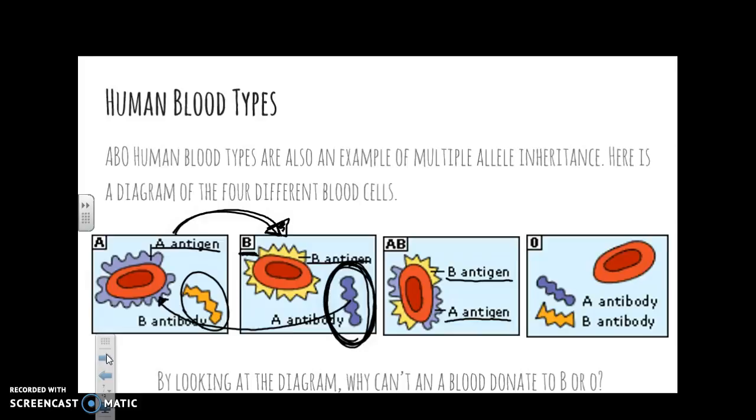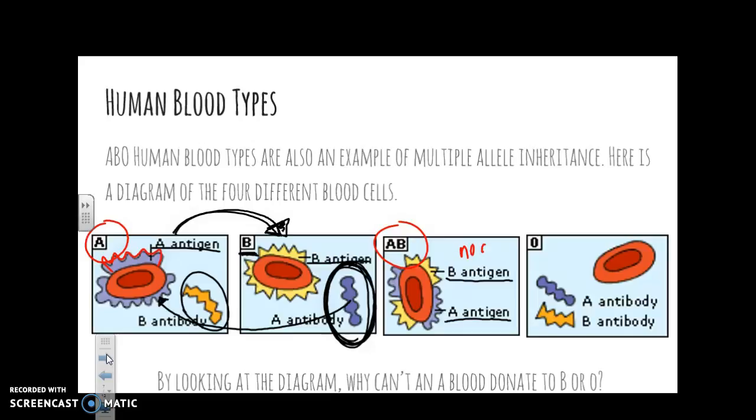So let's do another example. I'm going to use a different color. Could A blood donate to AB? So what you want to notice is that the A blood has this pattern here, and AB blood doesn't produce any antibodies.